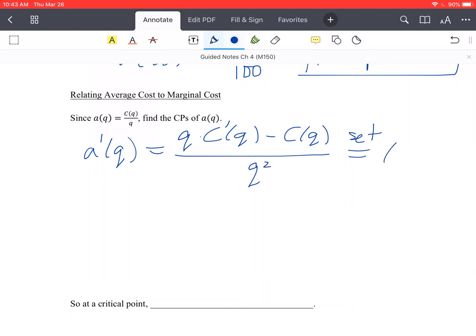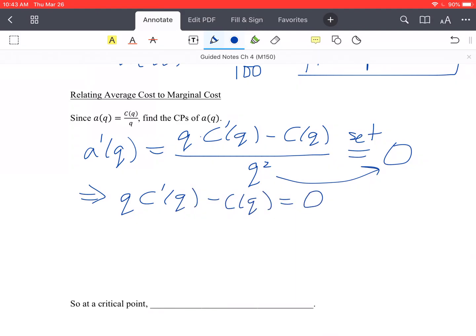And then to find critical points, we set that equal to 0. Now let's simplify this down. Multiply the q squared across. Anything times 0 is still 0. So we get q times C prime of q minus C of q equals 0.